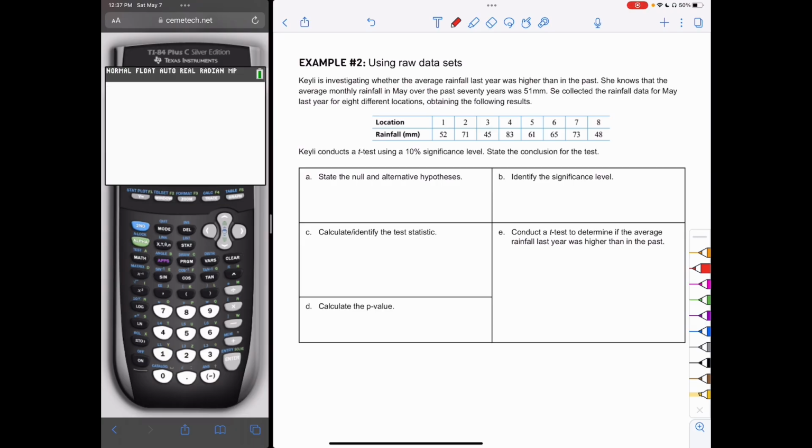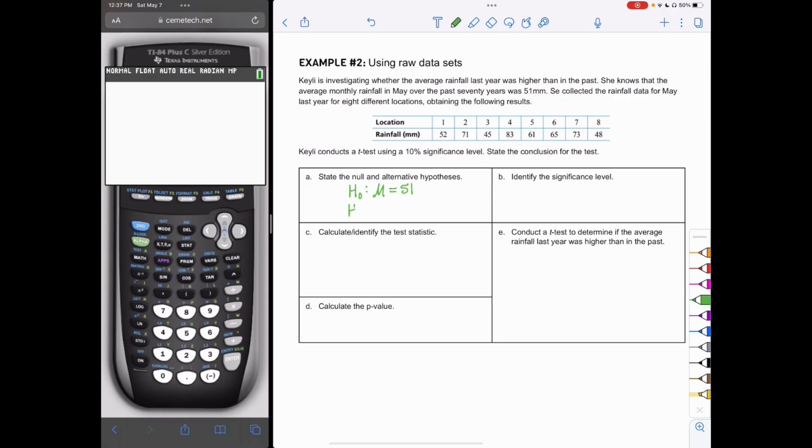As we can see here, we have our 8 different locations and their corresponding rainfalls. The first thing that we want to do in part A is state the null and the alternative hypothesis. We know that the null hypothesis is that nothing has changed. So H sub 0 is that mu is equal to 51, because it is going to be equal to our population mean.